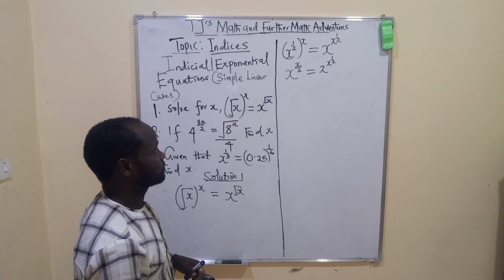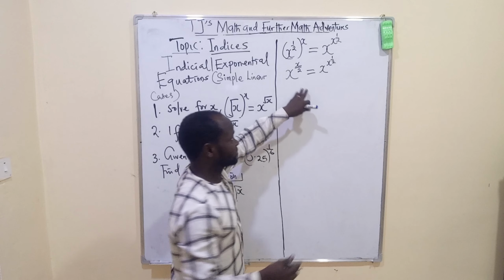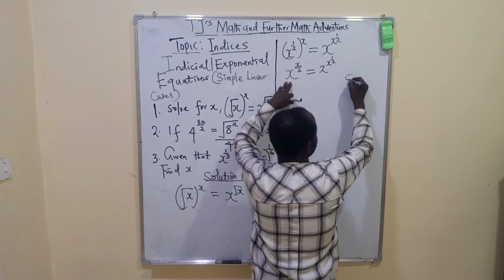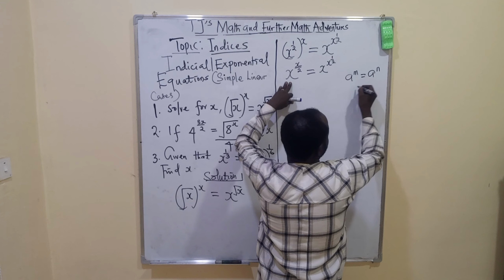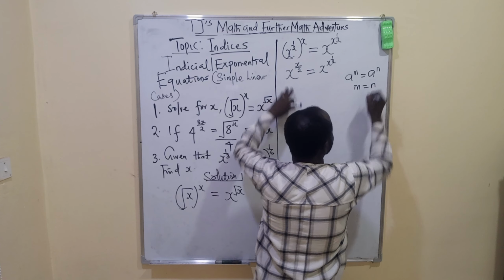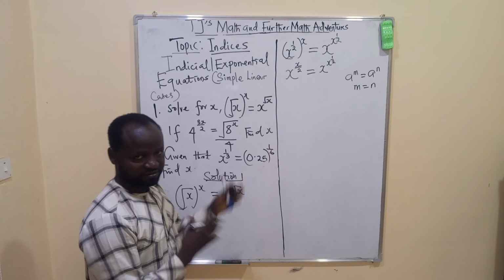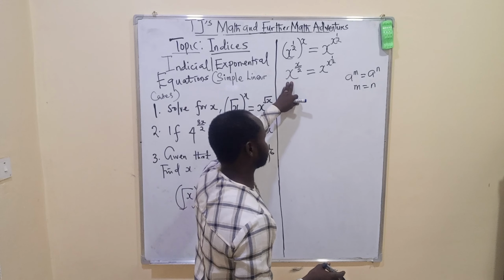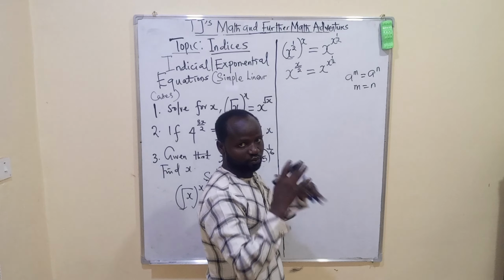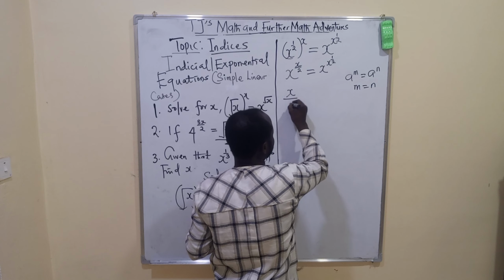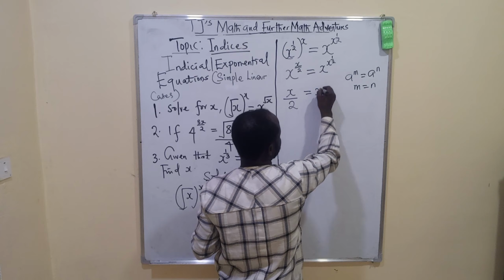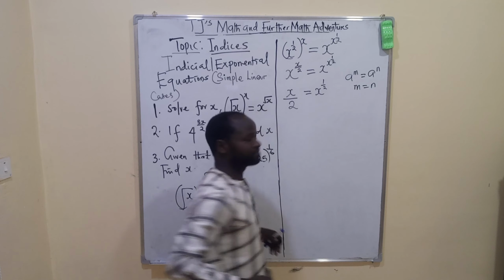Okay, so from one of the laws of indices here, the base are the same. If we have a power m equals to a power n, it means m is equals to n. When the base are the same, on both the left hand side and the right hand side, we can equate the power. So the base are the same here. So we have x over 2 will be equals to x power half.